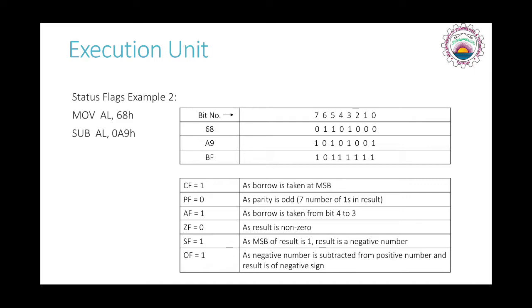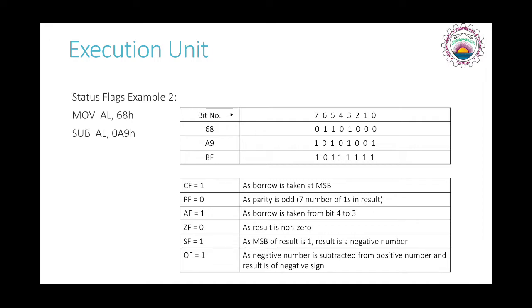So the result is BF hex after subtraction, and now you may see that for performing this calculation you require a borrow at MSB. So carry flag is having 1.